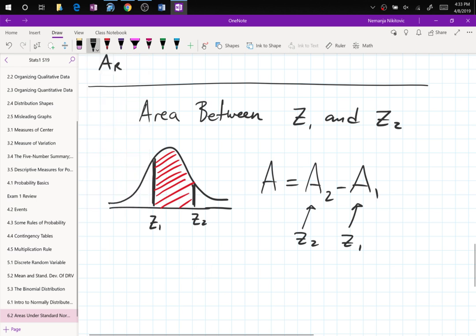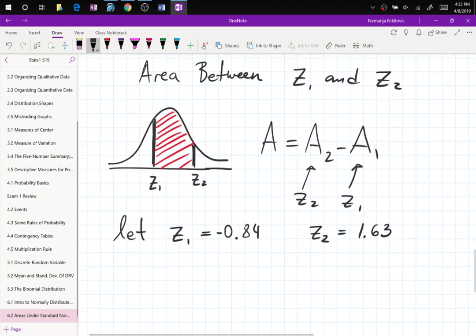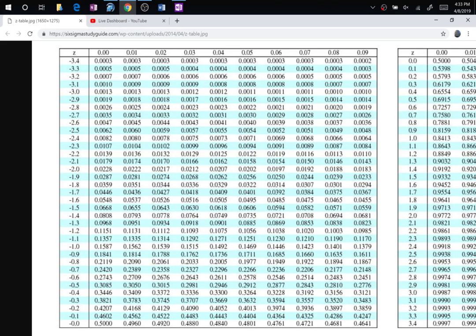So let's see. Let Z1 be negative 0.84 and Z2 be 1.63. So that means that area 1 is on the left chart, negative 0.84, which gives 0.2005.